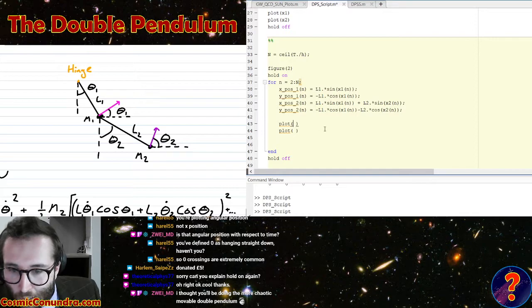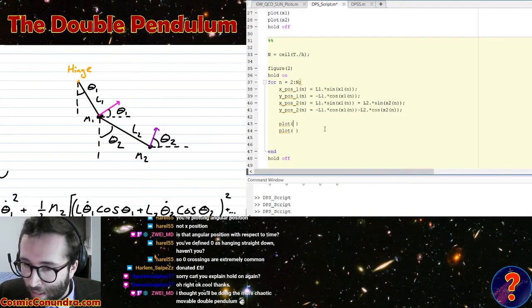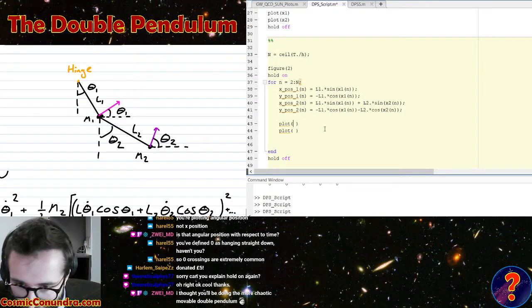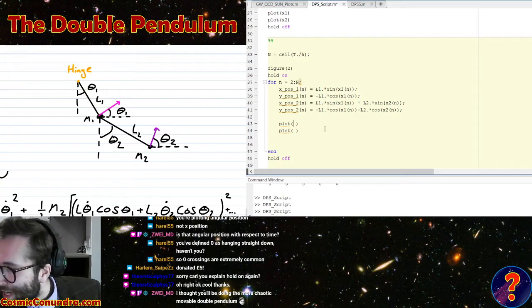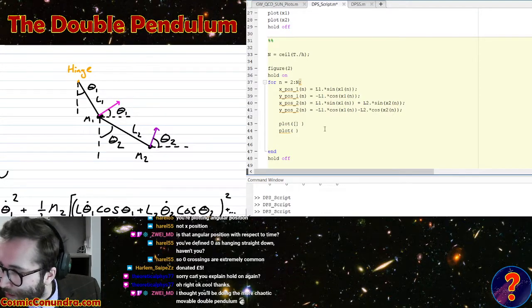Okay, so what I want to do is draw a line segment for the first rod and another line segment for the second rod, which updates at every time interval. So the way to do this, I had to look this up actually. I hadn't done this before, plotting line segments.